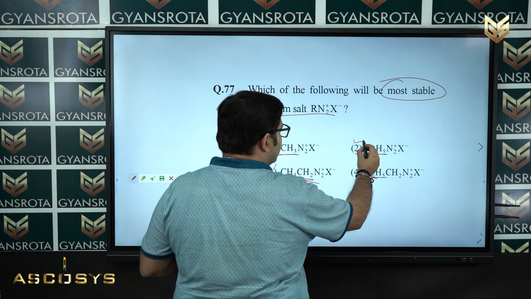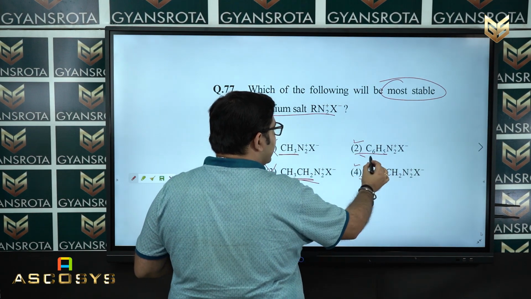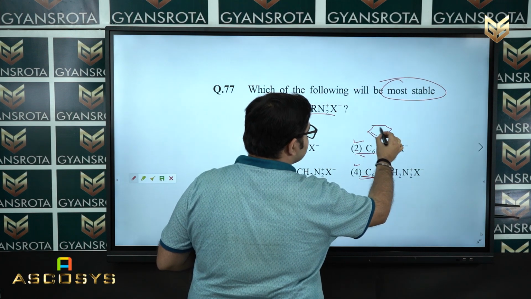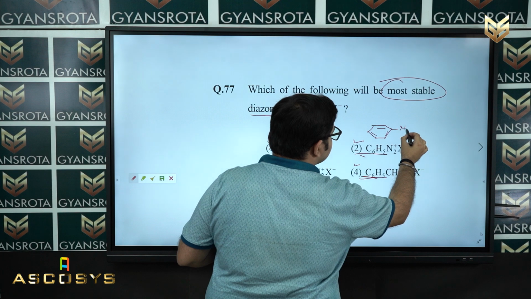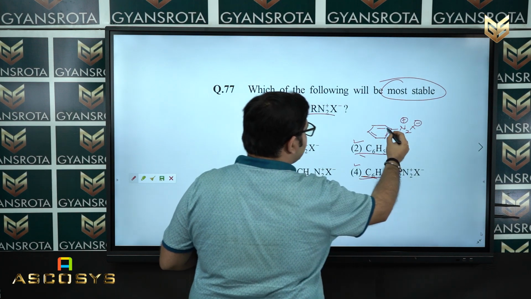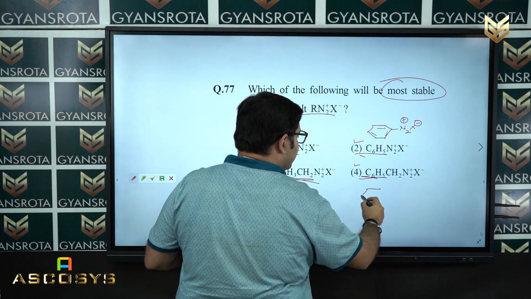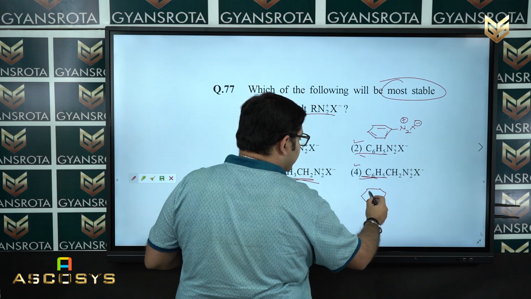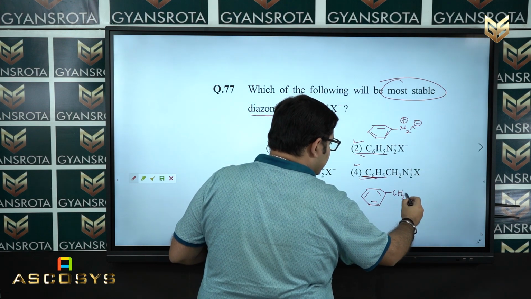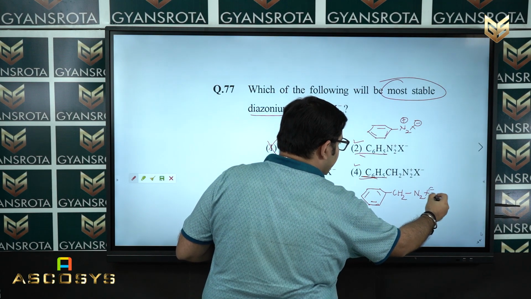Now we have to leave only two options, option number 2 and option number 4. Here the structure will look like this. And here this will undergo resonance, but if you see here the benzene ring is present, but it will not undergo direct resonance with this N2X minus.